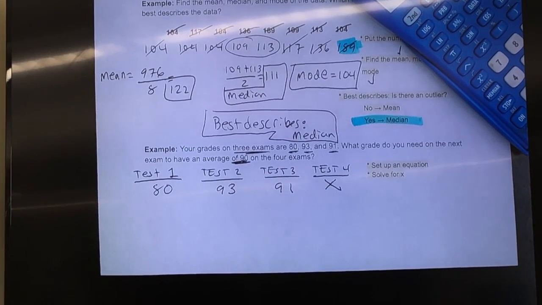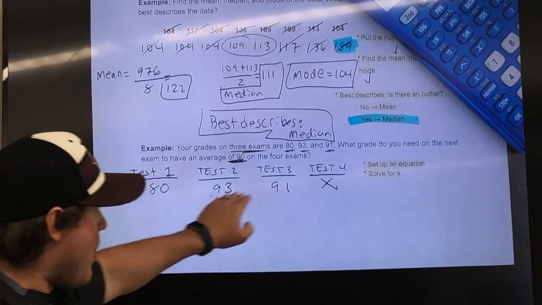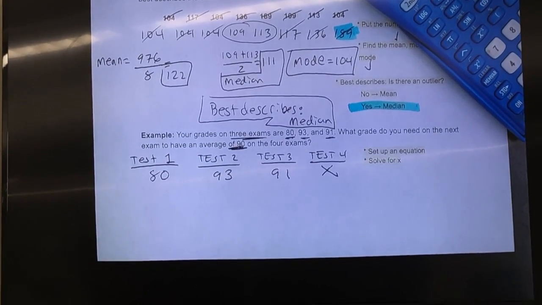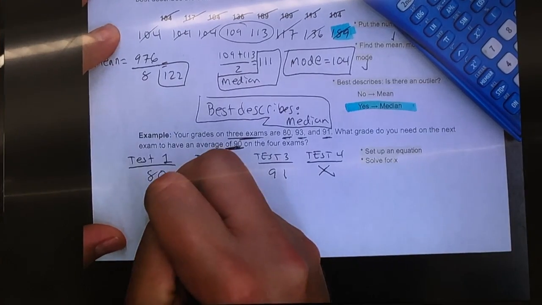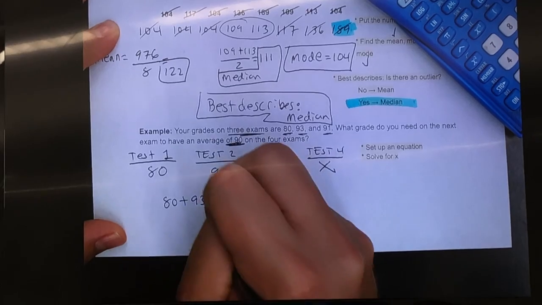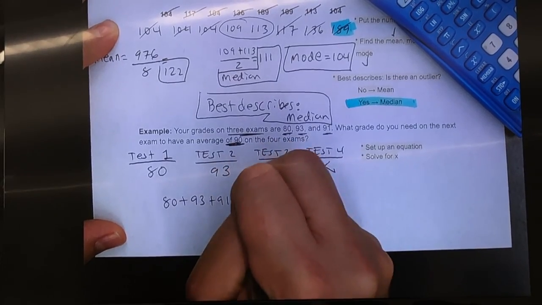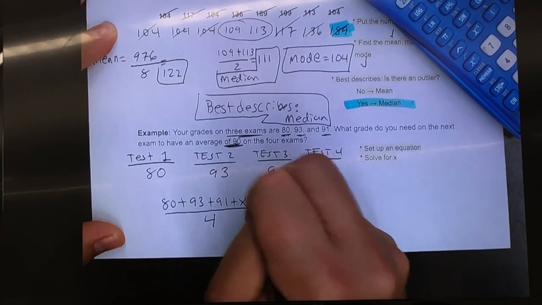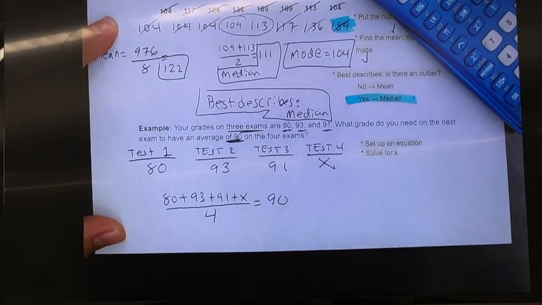So if we want to get a 90, we would add all of the 4 tests and divide by 4. So that is what we're going to be doing. So our equation will be 80 plus 93 plus 91 plus an x divided by 4 tests to equal a 90.